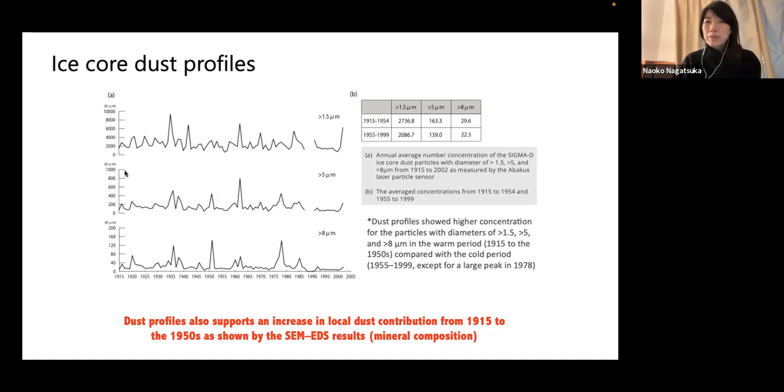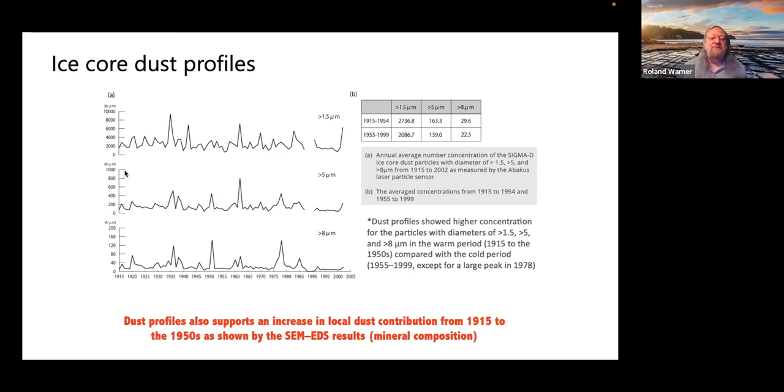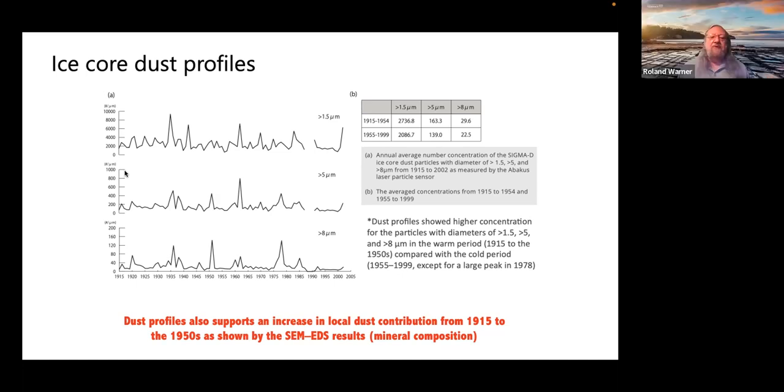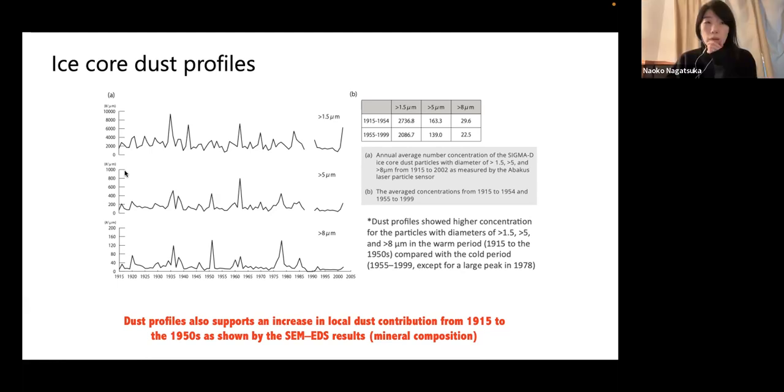Sorry, could you say again your question? Okay, I guess analytically, it's much easier to find the proportions of the different classes. It would be interesting if you were able to give an absolute measure of the flux of particles of a particular class.